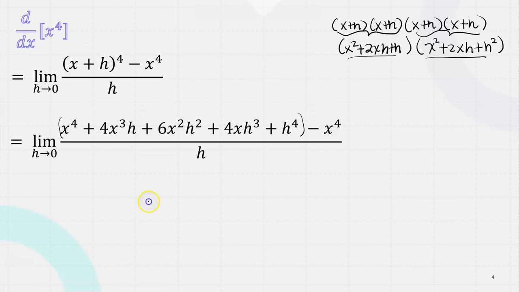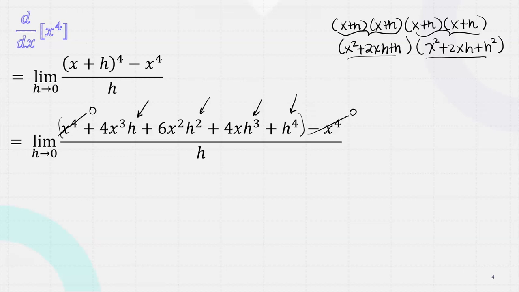So what you notice here is x to the fourth power minus x to the fourth power gives you 0, right? And if you notice, everything here has an h in it. As a matter of fact, the first term that you see there has h to the first power.